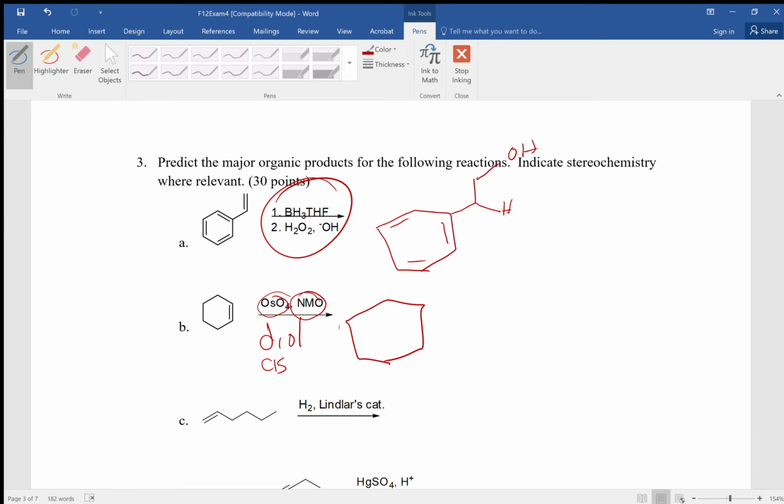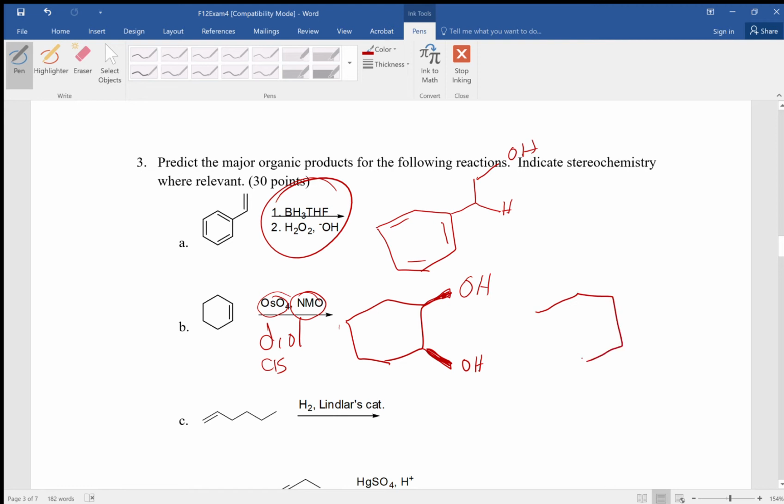The pi bond ends up functioning as a nucleophile or in some other way, but those electrons are almost never still there as an alkene. But what this reaction does is it adds a diol, and it adds them to the two carbons that were the alkene, and it adds them on the same side.